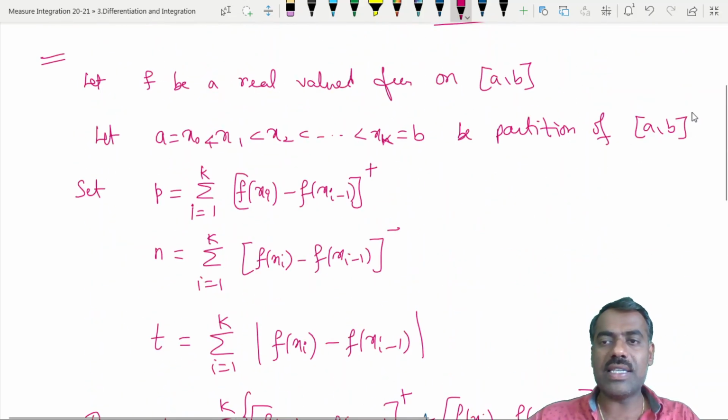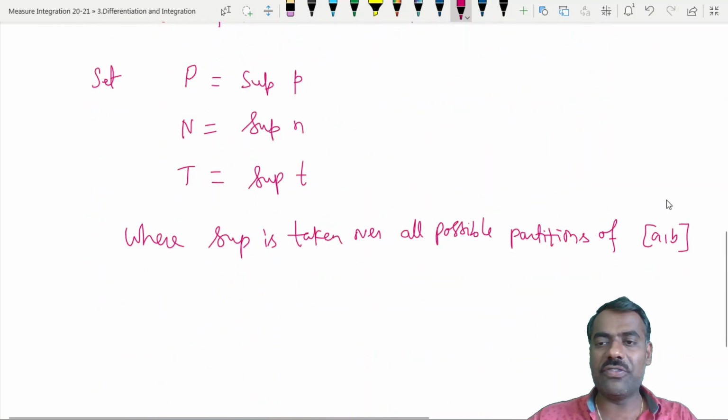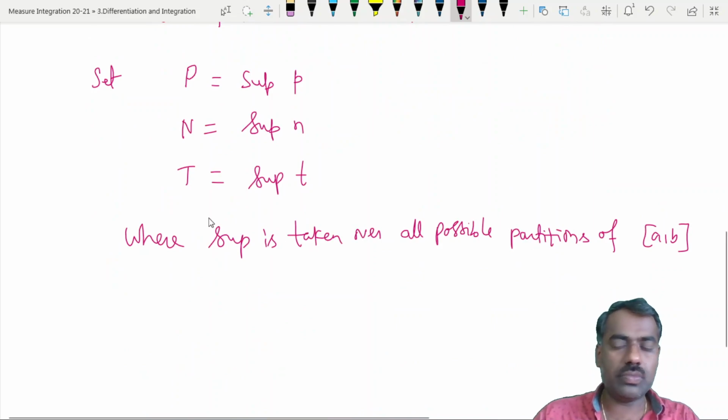just to mention this A comma B, which interval we are taking and what partition of A comma B we are taking, right?